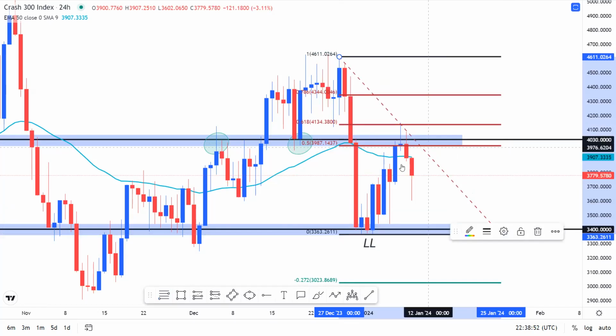We can notice the very level I've identified as my area of interest being a key level, aligning with the Fibonacci 50 reversal level. And this gave me some confidence also at this level.